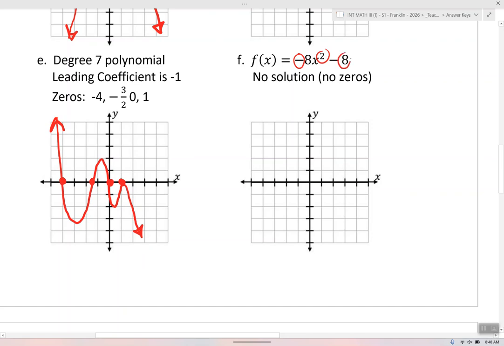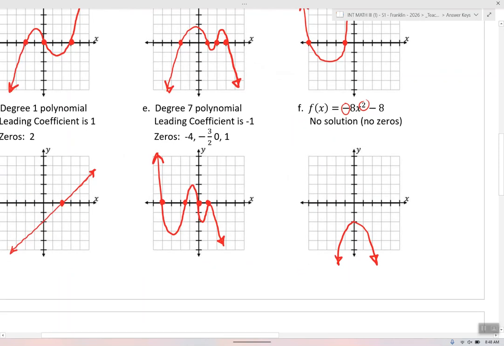We can also know that it goes through -8 on the y-axis, but for now, we're just getting a general picture. If you want to try to be more accurate, you could put it on a number like 2, and then maybe your graph was counting by 4s. But it doesn't matter. Just make sure it's pointing the right direction. We're just getting the end behavior here, so that's what we want to see.